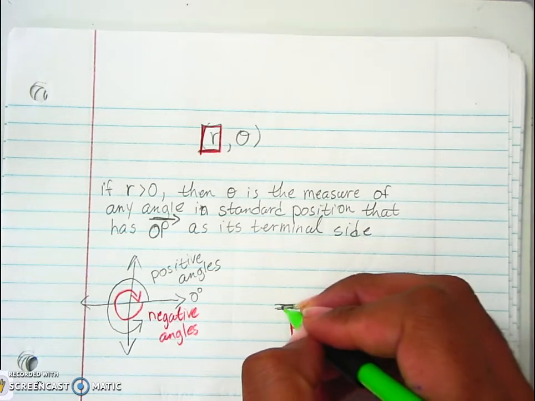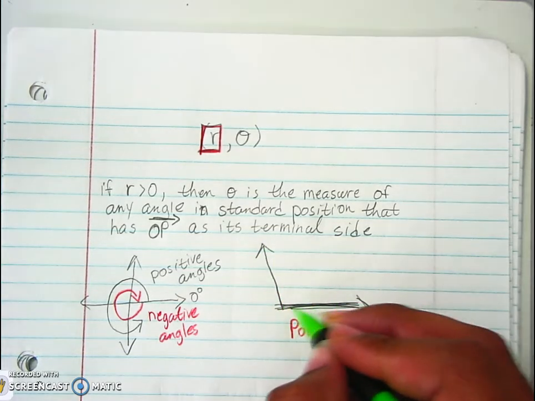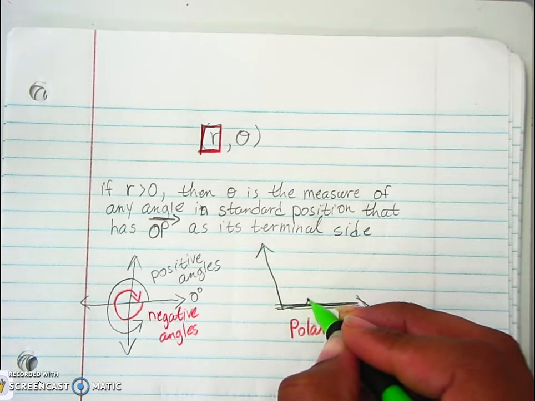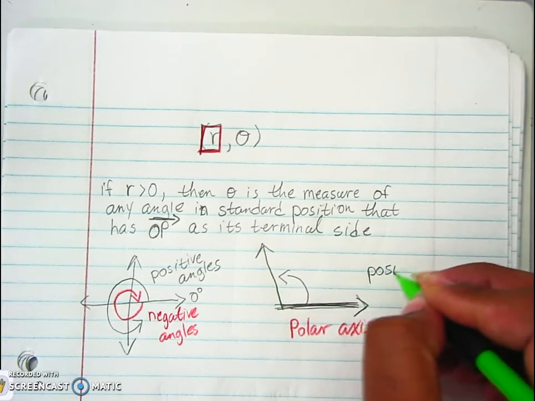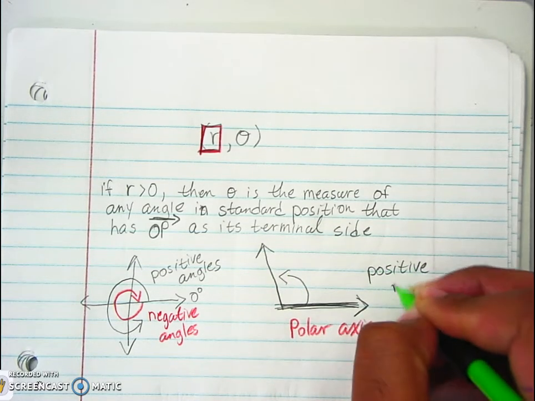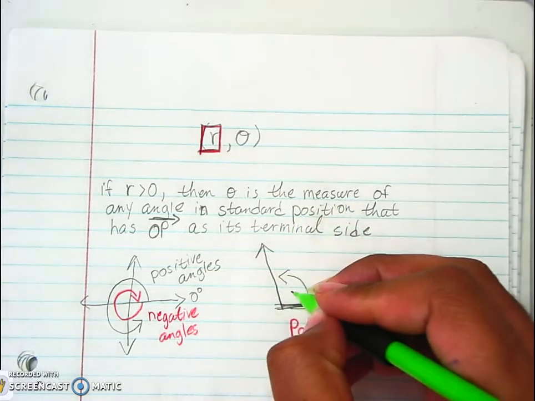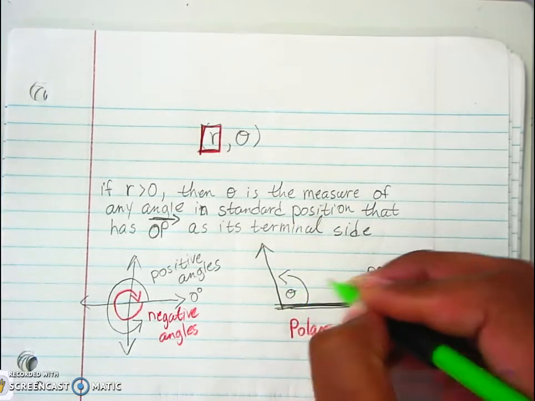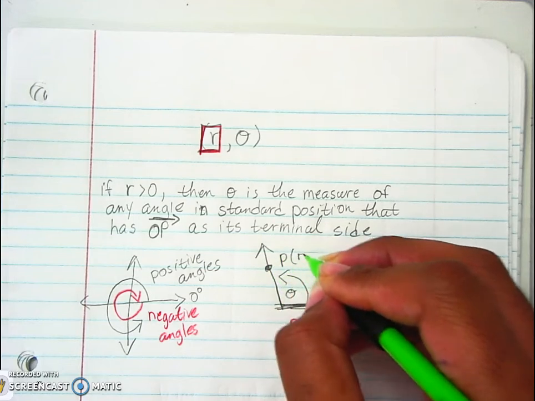So here, it would kind of be like this. It's a positive r, so that means we're taking it around from this direction and going this way. So it's a positive r. And our point would be P at (r, theta).